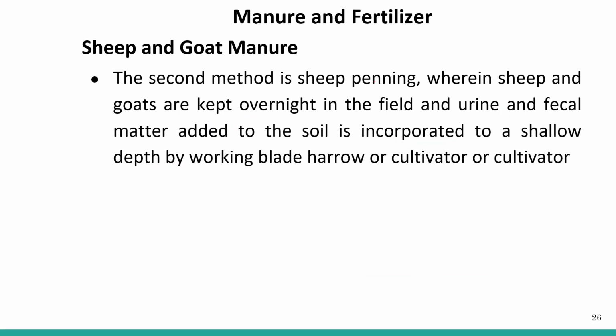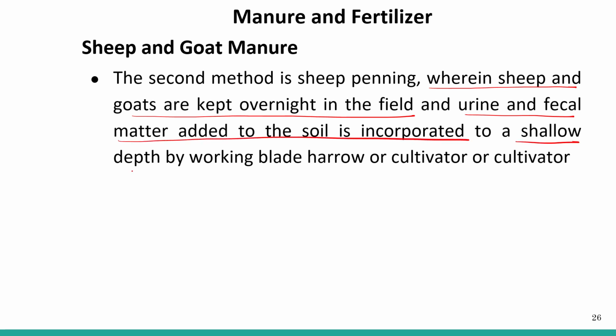The second method is sheep penning, wherein the sheep and goats are kept overnight in the field, and the urine and fecal matter added to the soil are incorporated to a shallow depth by working a blade harrow or cultivator.